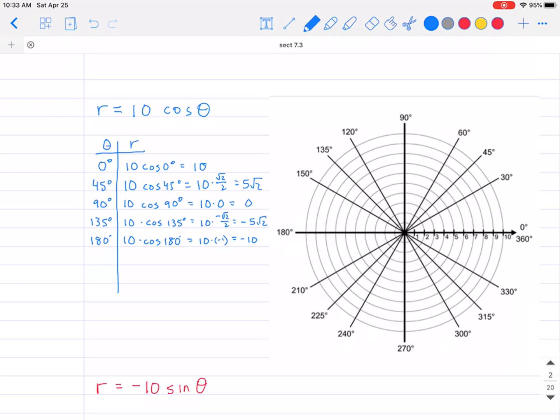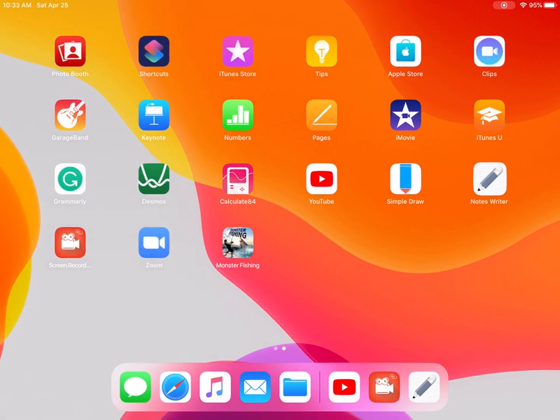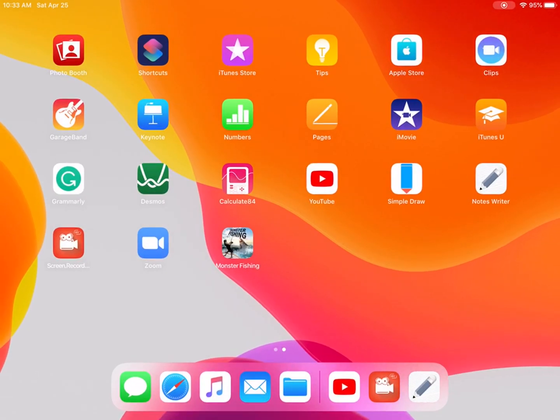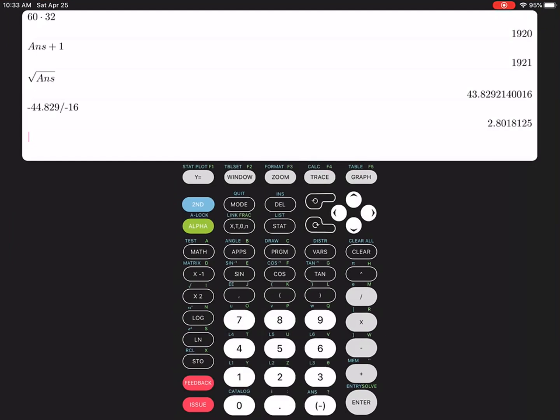So let's take a look at what we have so far. At 0 degrees, we're going to be at 10 for the radius, so we're going to have a point that starts all the way out here. At 45 degrees, your radius is equal to 5 root 2. Let's take a quick look at that approximation.